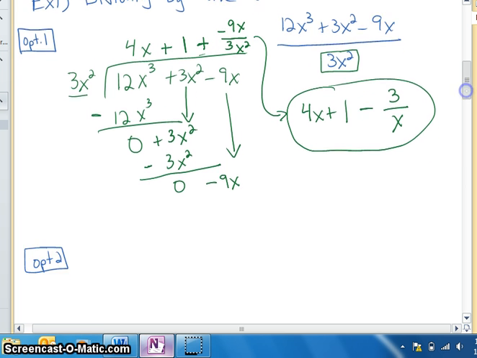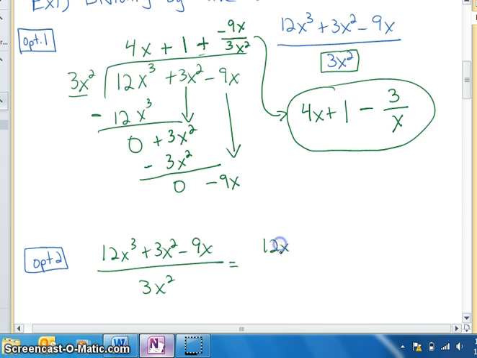Or option 2 says, well, 12x cubed plus 3x squared minus 9x divided by 3x squared is the same as 12x cubed divided by 3x squared plus 3x squared divided by 3x squared minus 9x divided by 3x squared. Can I simplify each of these fractions?